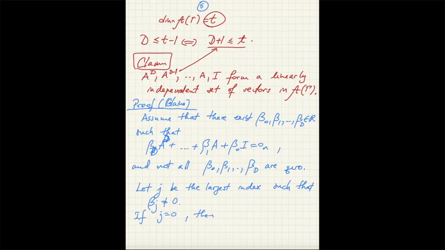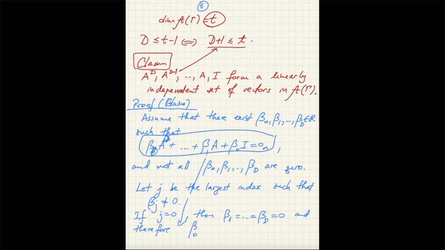Then that means that beta 1 all the way to beta D are 0, and therefore the equation that we have here implies that beta 0 identity is 0, which would give that beta 0 is 0, which is a contradiction. So J cannot be 0.